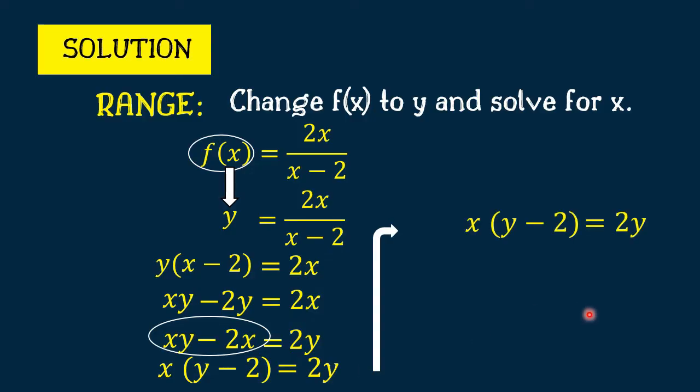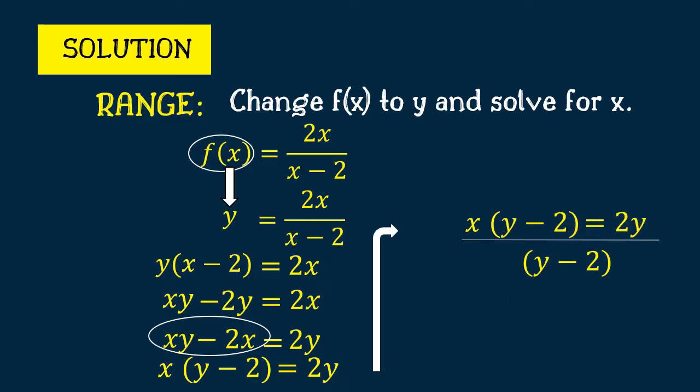So we will continue in this side since we have x times the quantity of y minus 2 equals y. Since we're looking for the value of x, kailangan natin ma-eliminate ang y minus 2. How do we do that? So simply divide the whole equation by y minus 2. If the factor is divided in the whole equation, y minus 2 is divided on the left side and also on the right side.